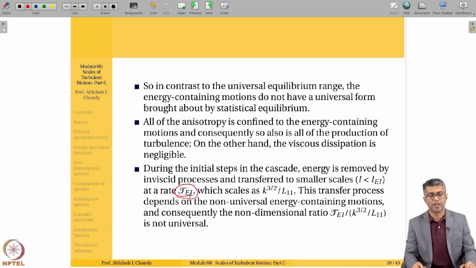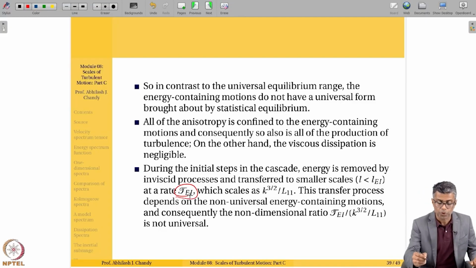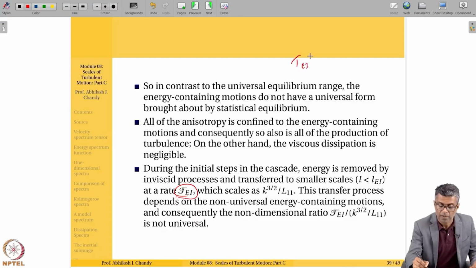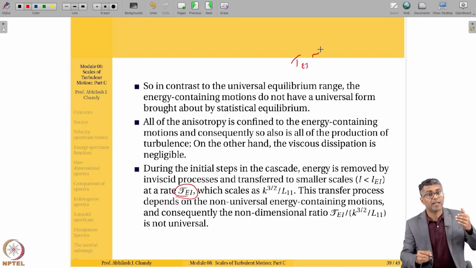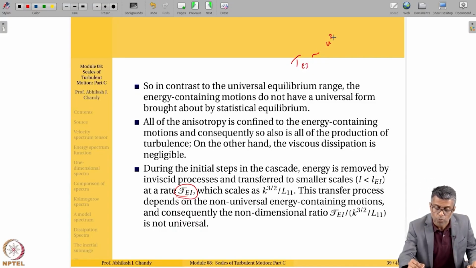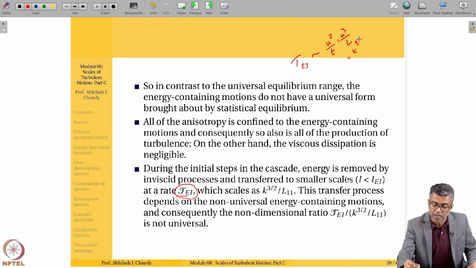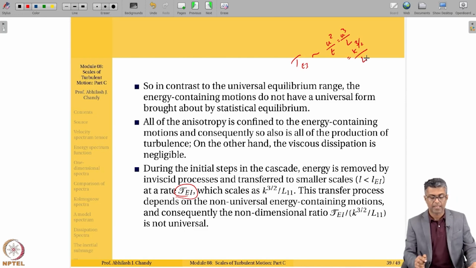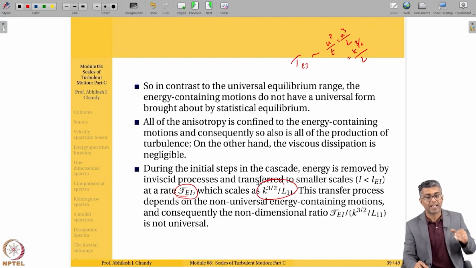This is the energy transfer rate, which will scale as u squared over time, or u cubed over L, or k to the 3/2 over L11. That is the rate at which the energy transfer rate scales.